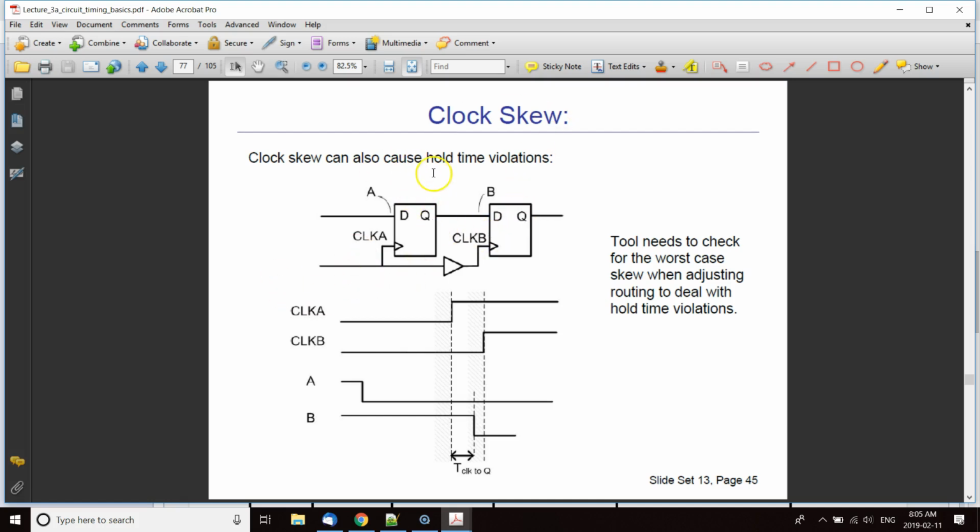It can also cause hold time and setup time violations. Actually, in this case, I think it's causing a setup time violation, but a clock hold time violation would be very similar.